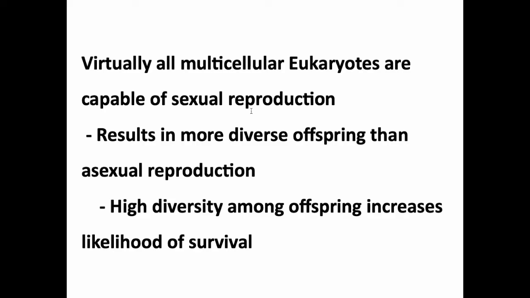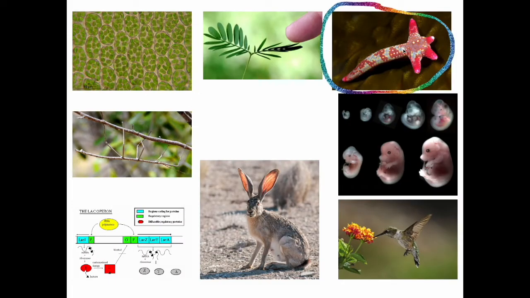This is a big deal because sexual reproduction, as we will see, mixes things up. Asexual reproduction makes a clone of yourself. Binary fission, the stuff we saw in the last chapter, made identical daughter cells.